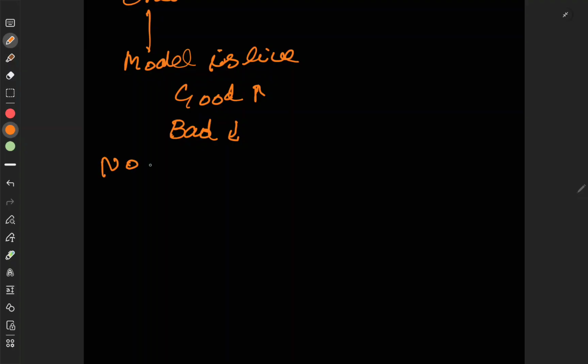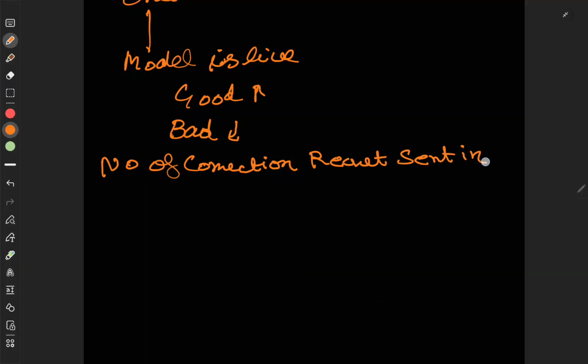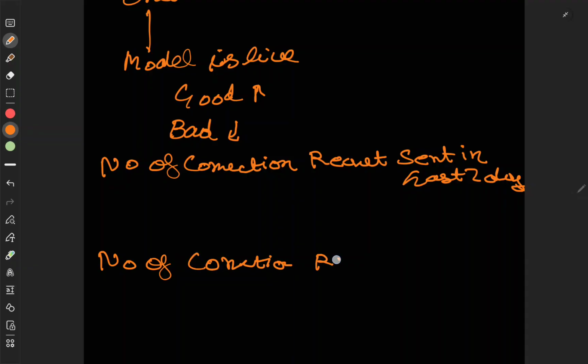First is the number of connection requests sent in the last 7 days, and the other could be the number of connection requests accepted in the last 7 days.